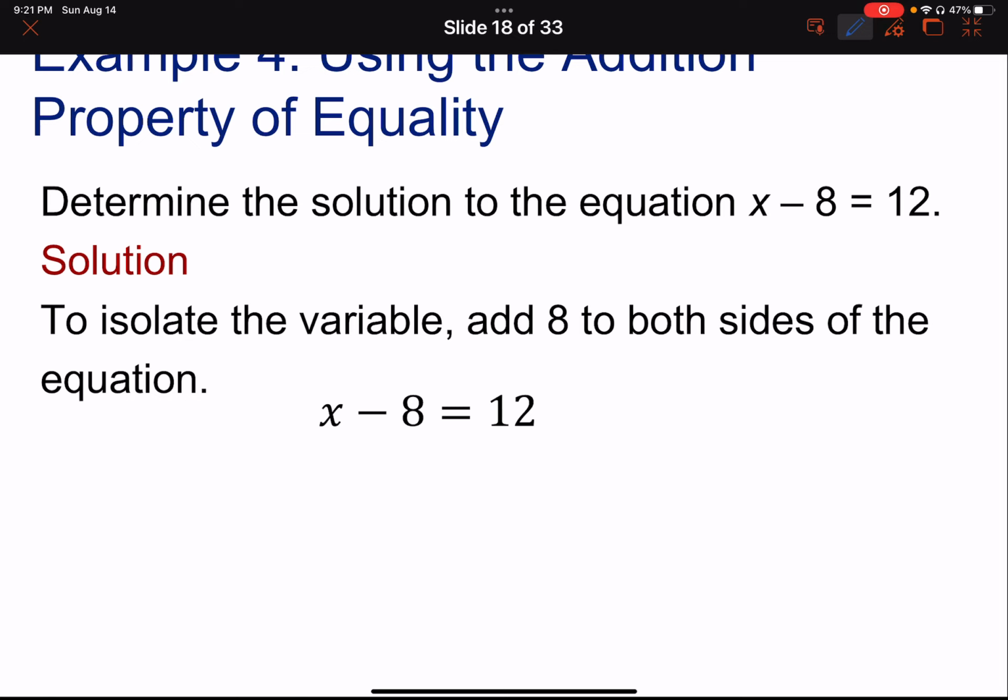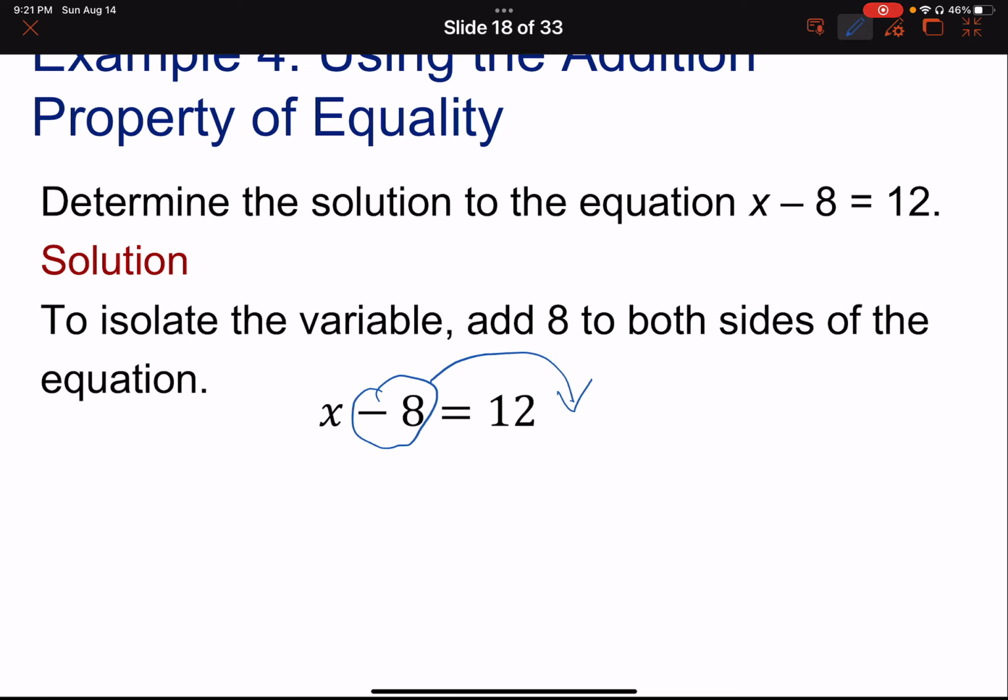Notice that the x is already on the left-hand side, but negative 8 is not a term with a variable, and we need to somehow move it to the right-hand side, right? Again, we cannot arbitrarily move it. We need to maintain the equivalence of solutions to the original equation.